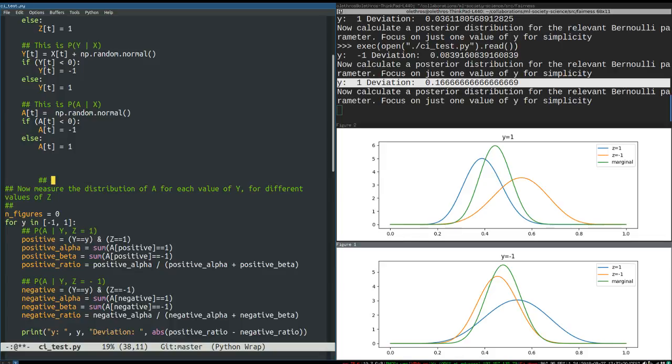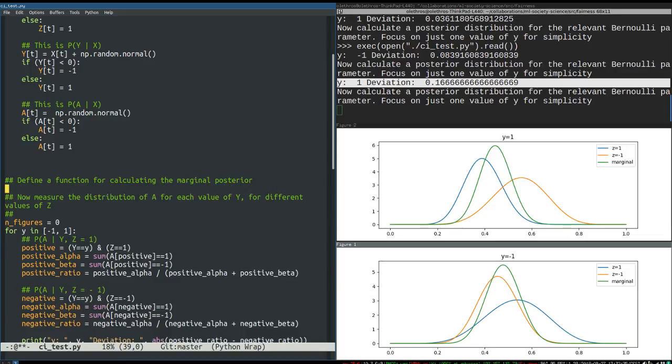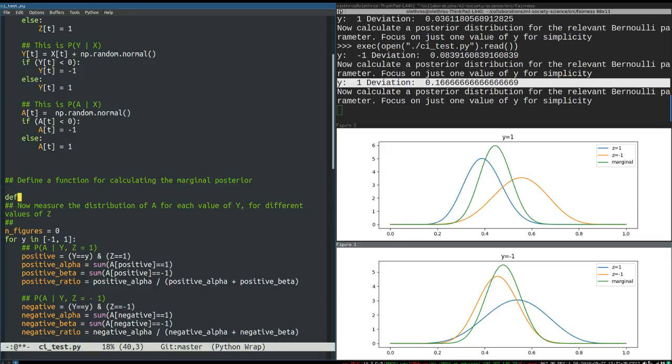Let's define a function, marginal posterior, and you have data, which is either 0 or 1, or negative and positive, and you have your alpha parameter and your beta parameter.